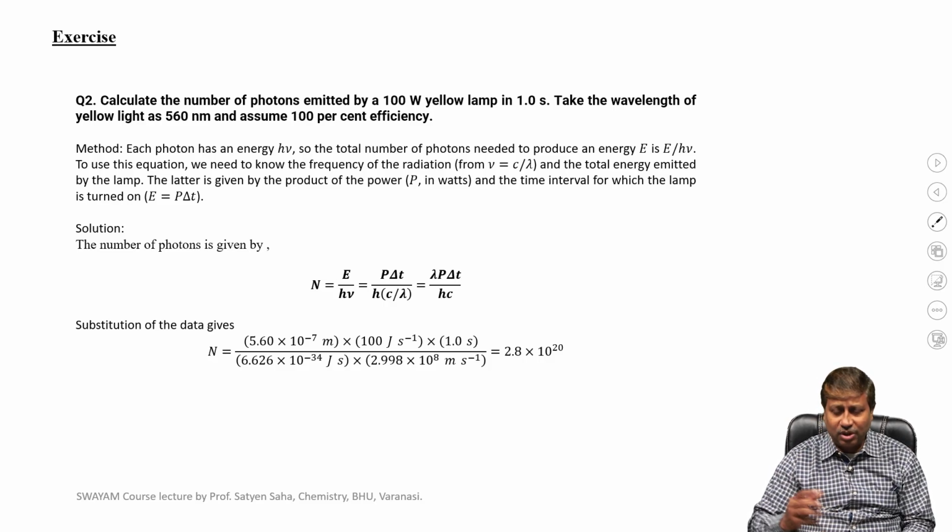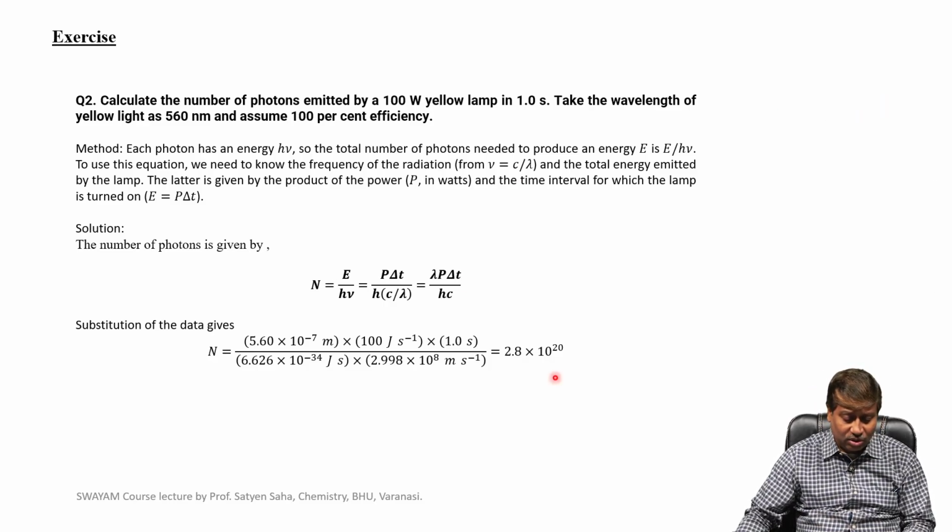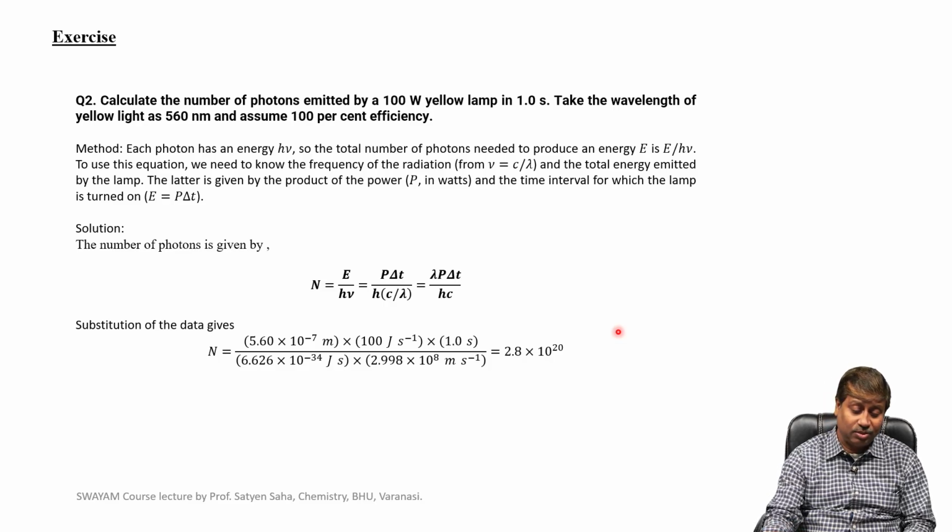Take the wavelength in the visible region, say 560 nanometer, and assume it is 100% efficient. Using the same formula we have shown, the final result is interesting: it gives 10 to the power 20 photons of 560 nanometer in 1 second. In 1 second, so many photons it gives.